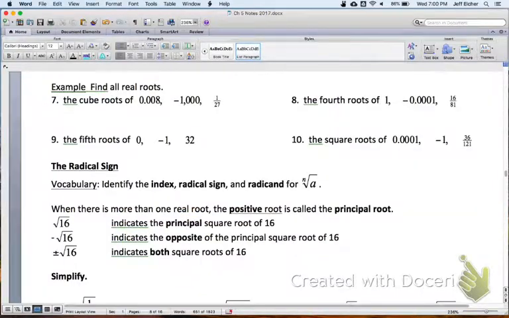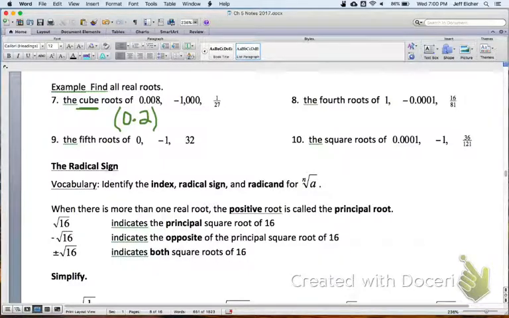The directions say to find all the real roots. So first we have cubed roots. That would be multiplying the same factor 3 times. So what times what times what is 0.008? I believe that's 0.2. 0.2 cubed is 0.008.